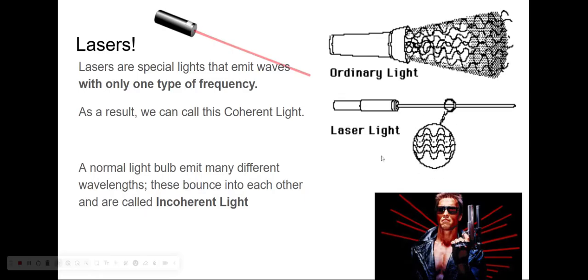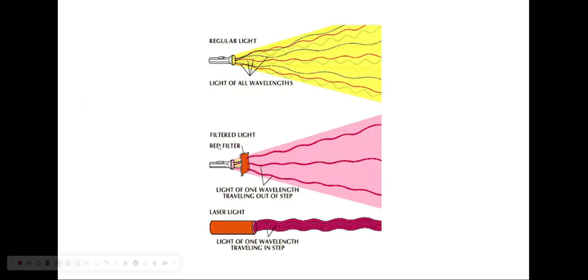It's organized. Take a look here. We've got regular light, a whole bunch of wavelengths, kind of chaotic. Here we have just red light, okay, but it's not a laser yet, because these wavelengths aren't organized. They're not coherent. Here we have laser light. Look at how these wavelengths are perfectly meshed together in focus.